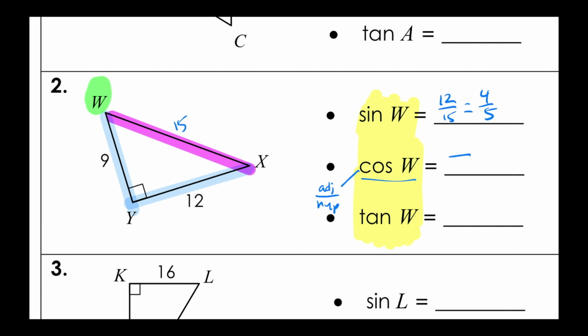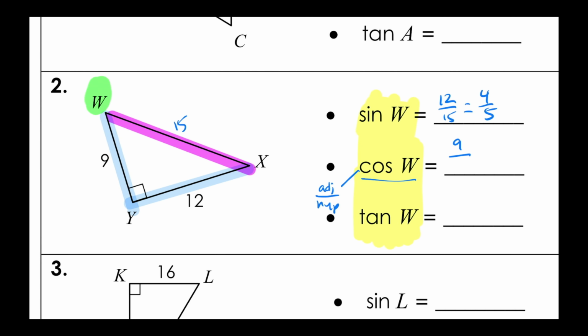If I'm standing at W, the adjacent leg is this one. This is the other leg that's adjacent, not this one. You're going to say, mister, isn't the 15 next to it too? Yeah, but that's not a leg. We need to find the adjacent leg. That's the hypotenuse. There's only two choices for legs, that one and that one. It's not that one because that's a cross. It's this one, so 9.